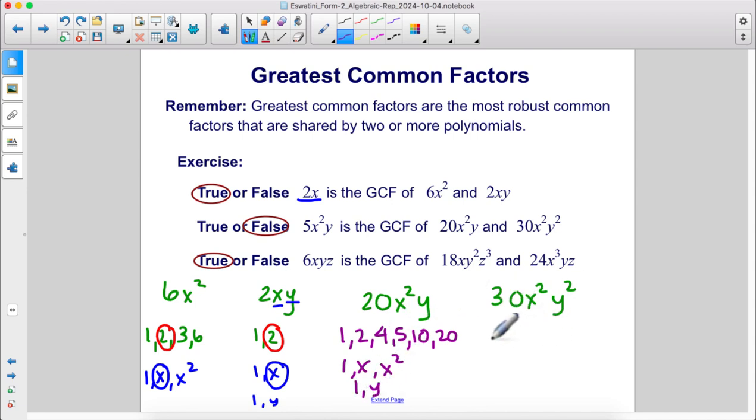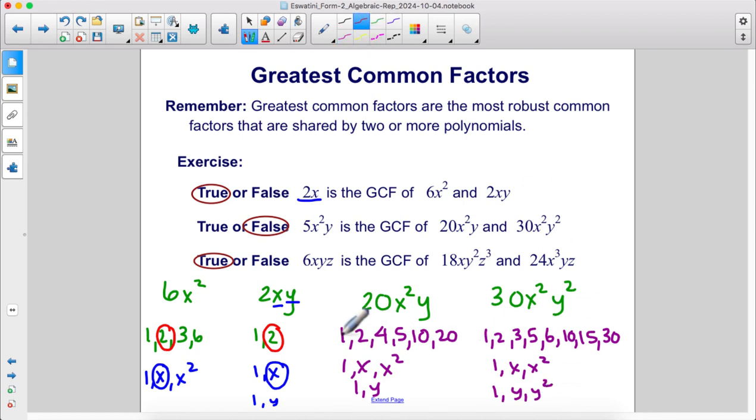Over here we have 30 with its factors, 1, x and x squared, and 1, y and y squared.